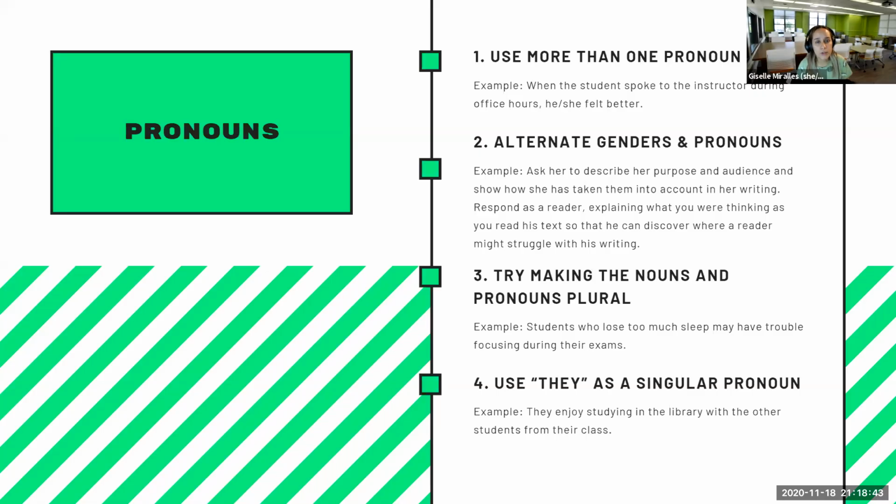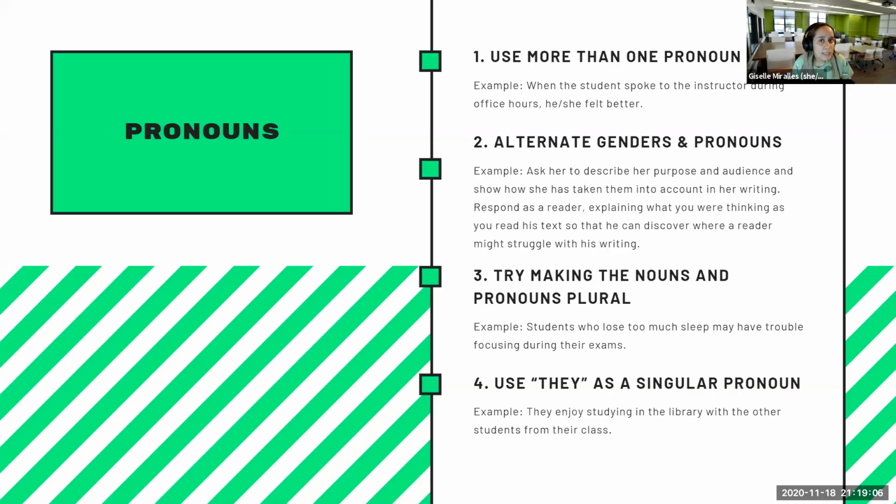Another place where gendered language often reveals itself is in pronouns. And there's a lot of ways where you can avoid this. So instead of assuming someone's gender by referring to them as he, him, or she, her, there's a few ways that you can avoid doing this, especially in your writing.